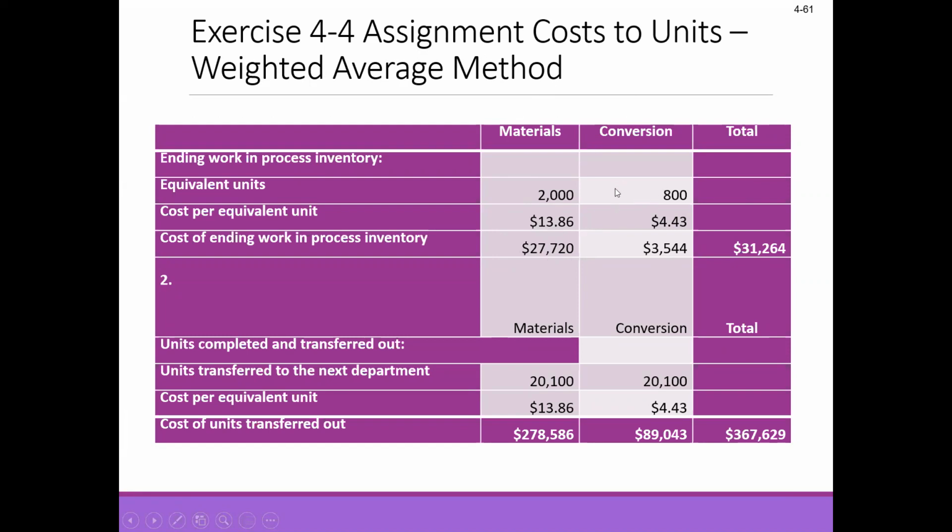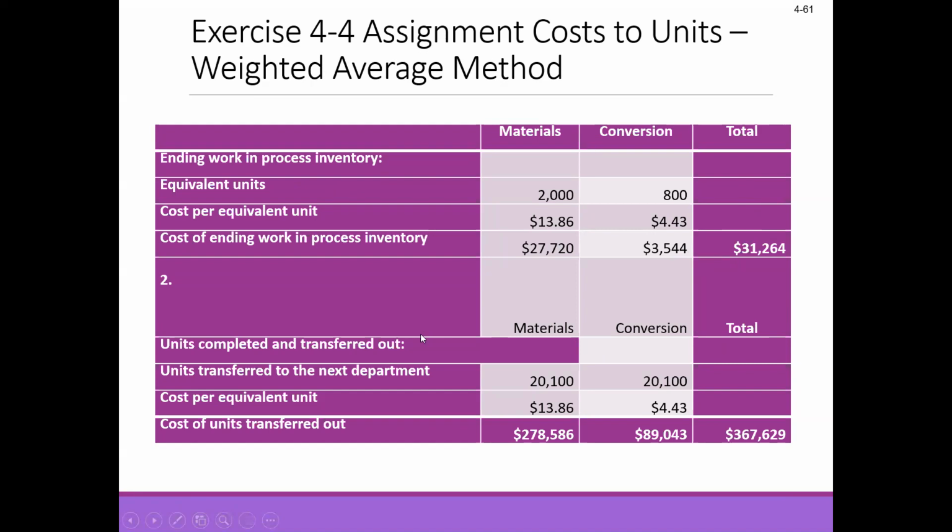Conversion, same thing, 800 units equivalent times the cost per equivalent unit gives us our 3,544. So our cost in ending work in process is 31,264.